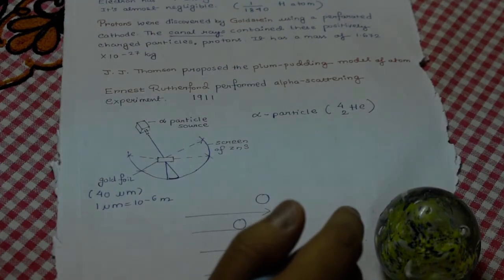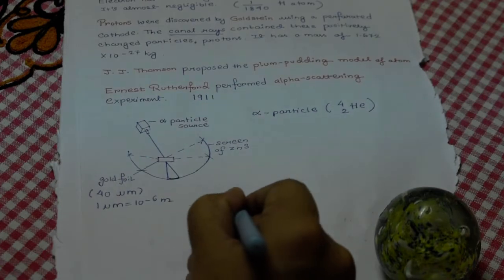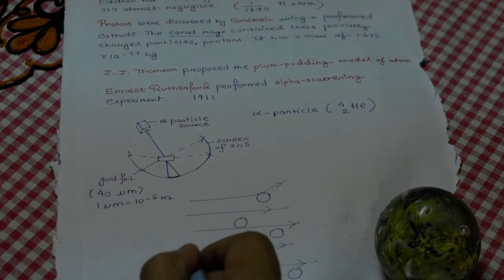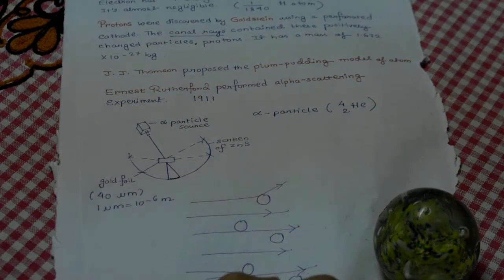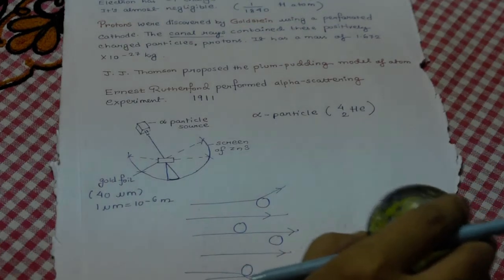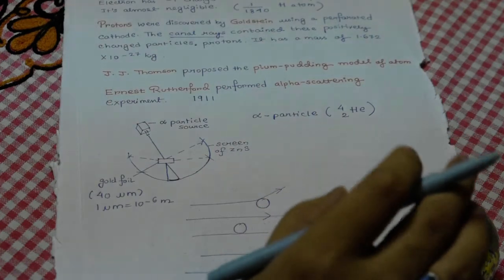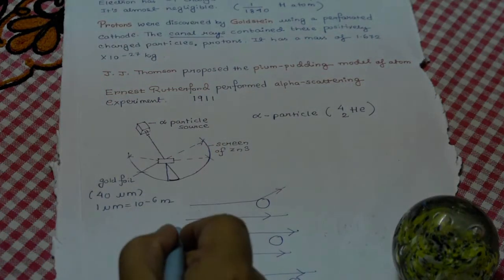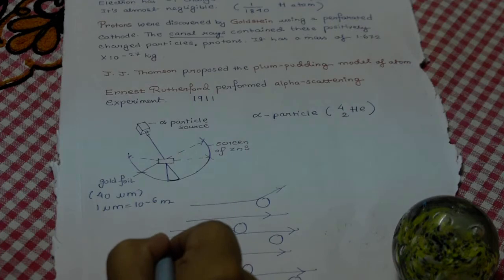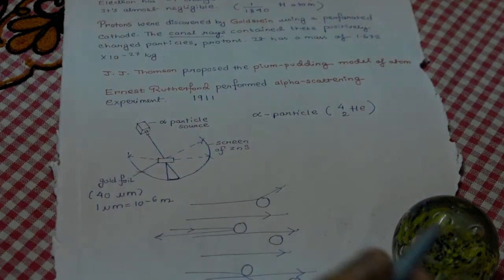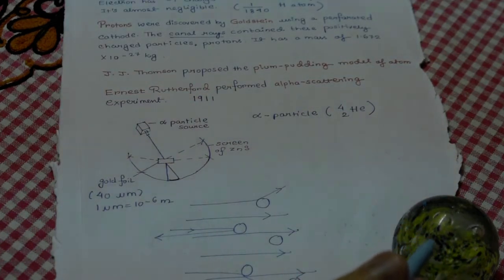Some of the alpha particles were deflected at smaller angles. Say it collided like this, or one of them may have collided like this. So they suffered very small deflections. A few alpha particles suffered a large deflection, so much so that they almost returned back to their original source.